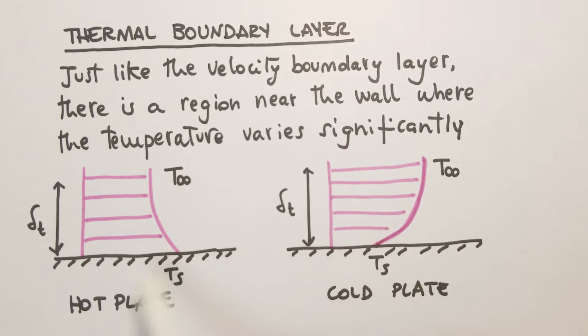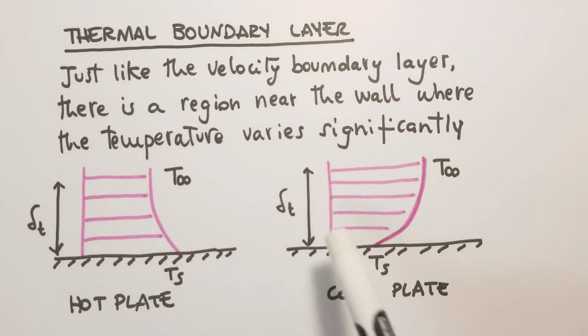We can sketch it in two ways. For example, if you have a cold flow over a hot plate, then we will have a temperature profile of this sort, and we indicate the thermal boundary layer and its thickness by delta T.